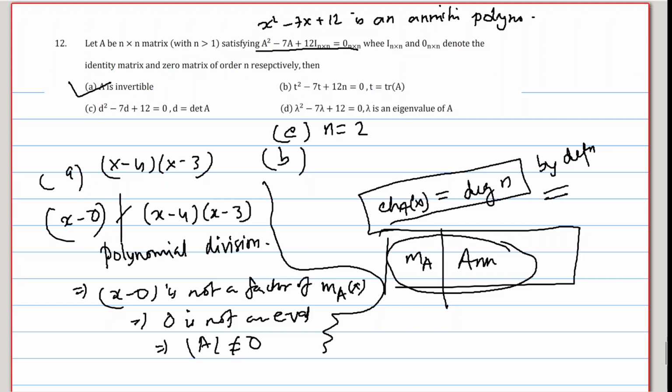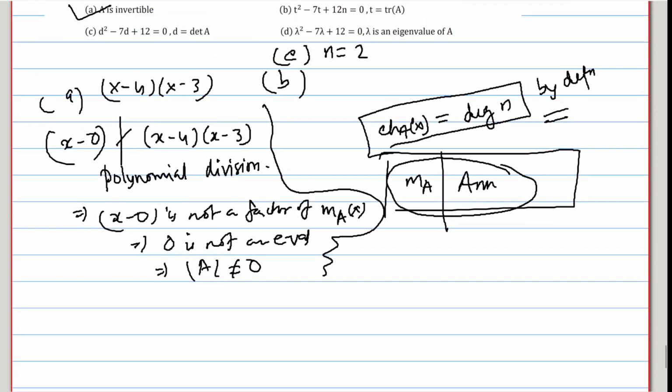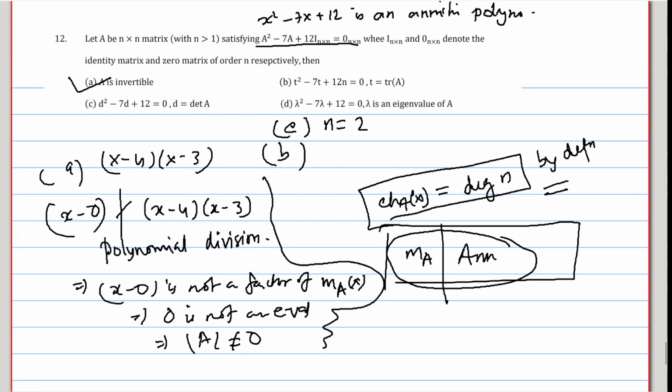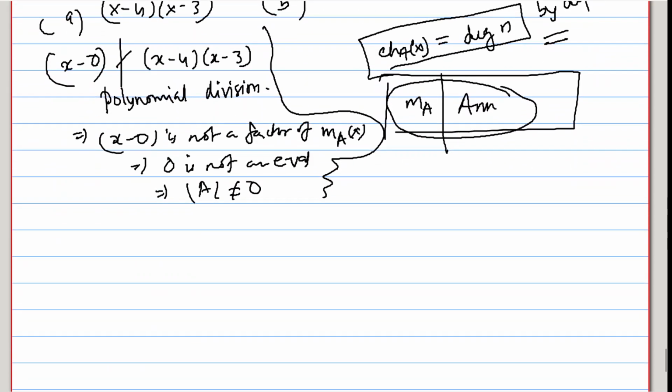Let's take this matrix. We can take this matrix, with 4 on the diagonal.